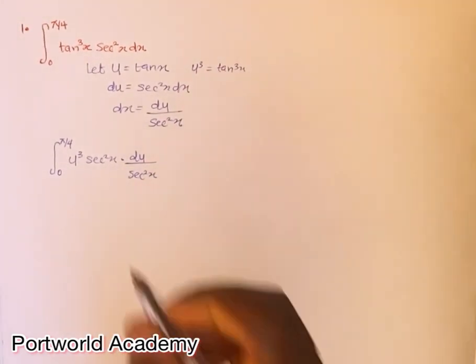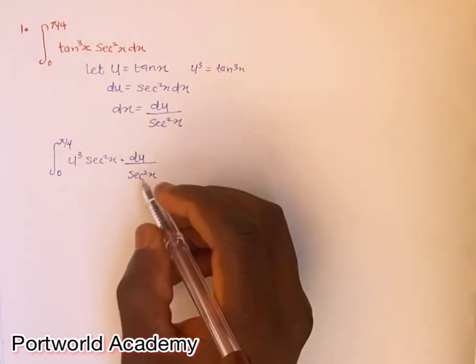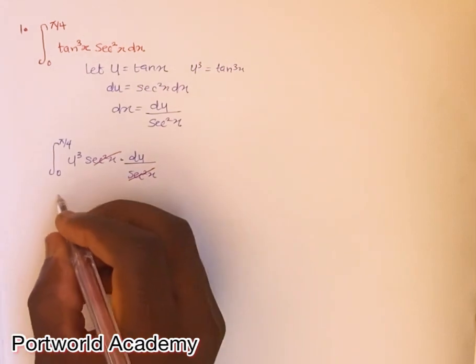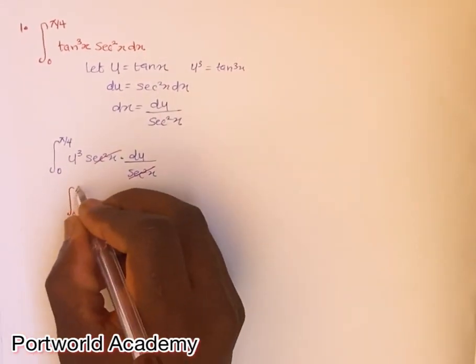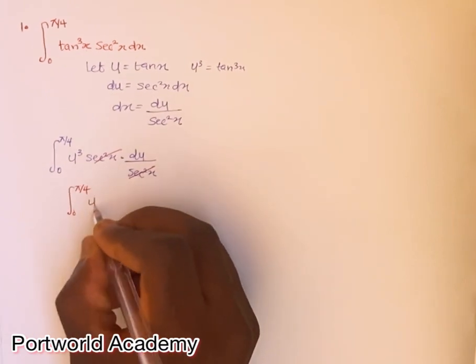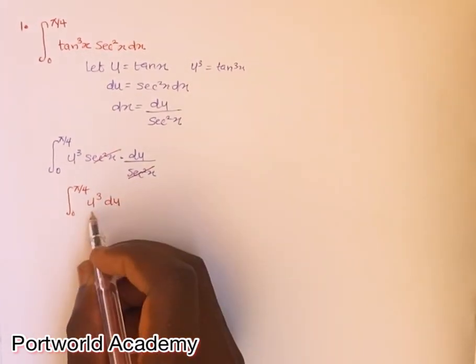So in this case, the sec square x will cancel this, right? So that I'm going to have the integral from 0 to pi over 4 of u raised to the power of 3 du. So let's go ahead and integrate it.